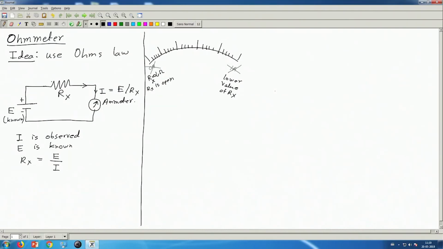That means we remove Rx from here. So we can remove it like this. So then this point will indicate Rx equal to infinite. Okay. Now what should be the value at the extreme right?